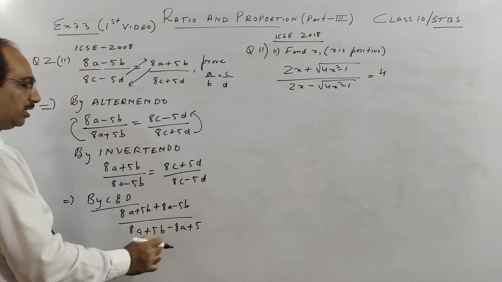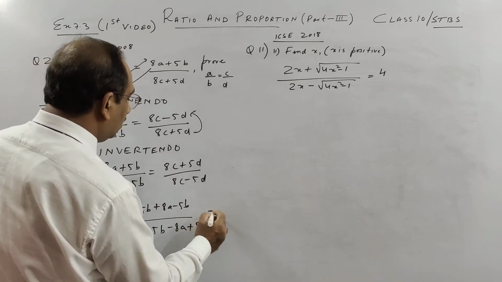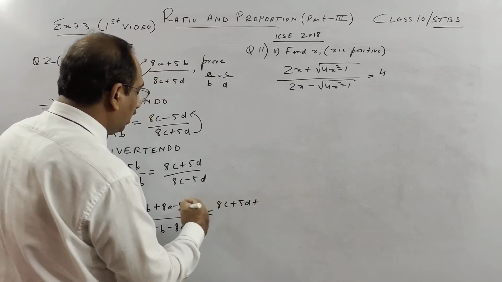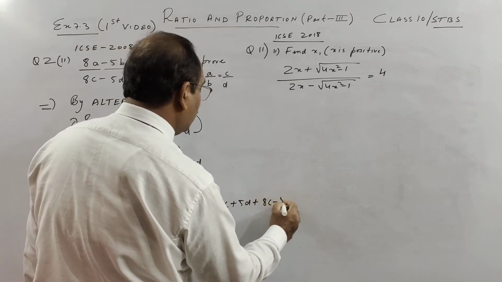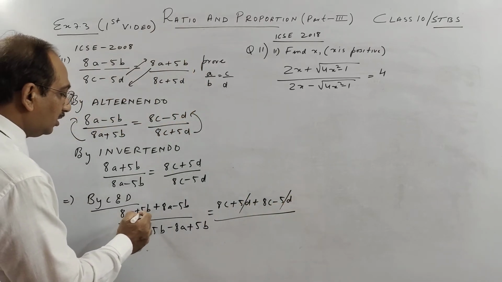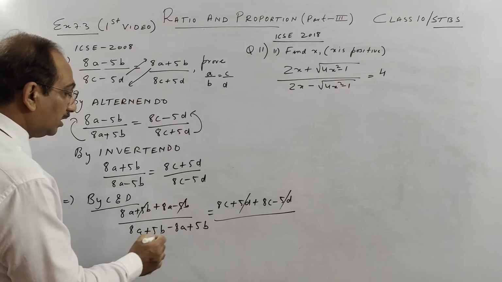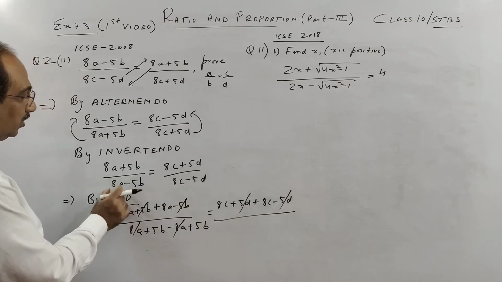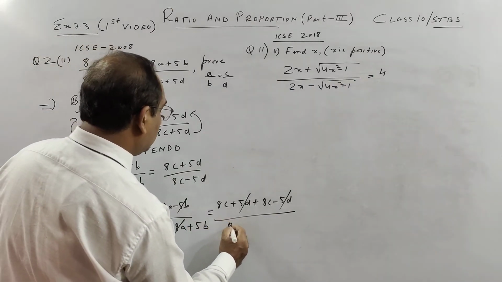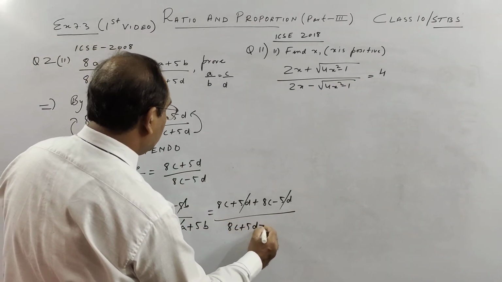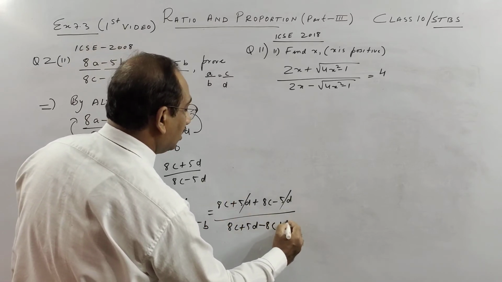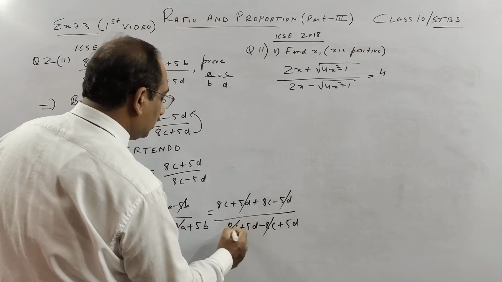So you can use a bracket and add one more step, children. No problem in adding. So if you see here, this term cancels and here this cancels, because when you take this minus this, this sign will change. Same here, 8C plus 5D minus 8C if you use a bracket, and this will become plus. So here this cancels.